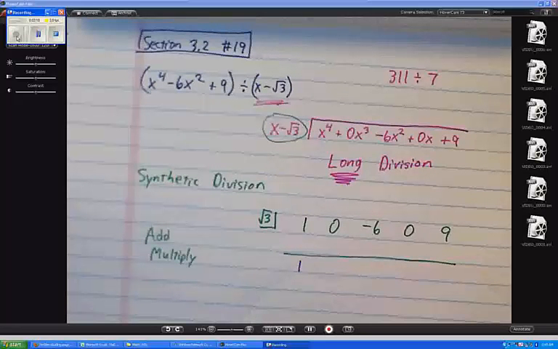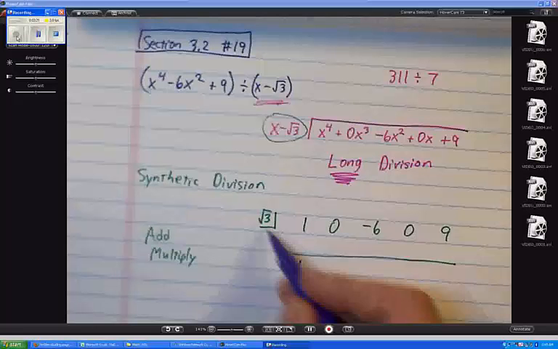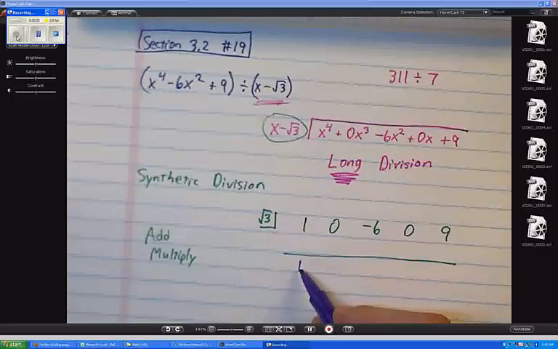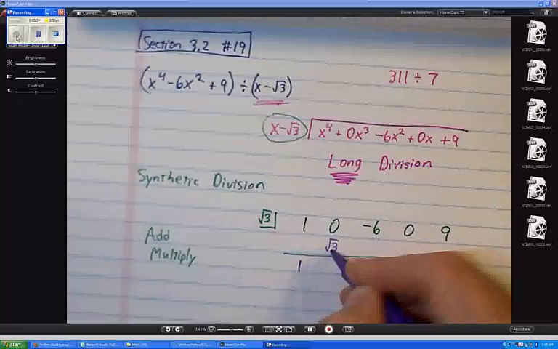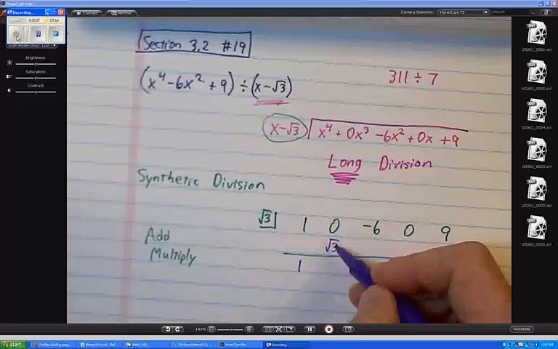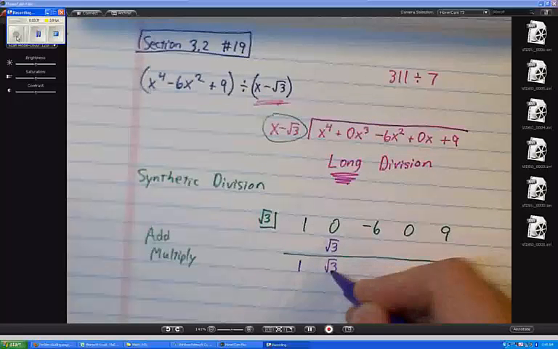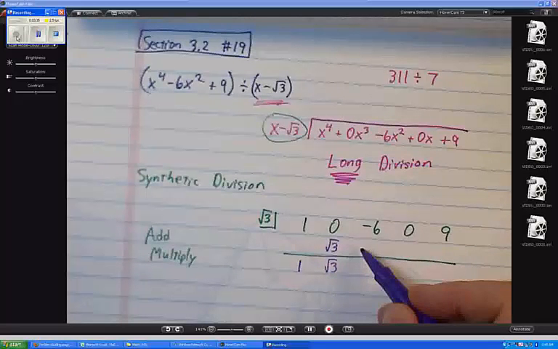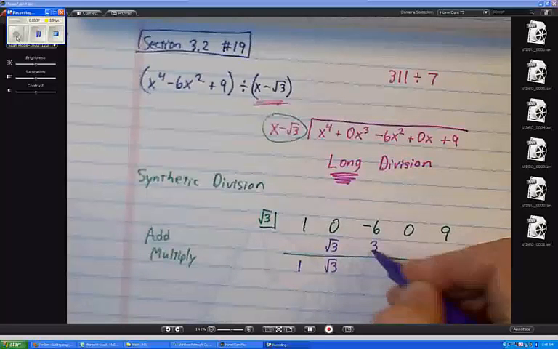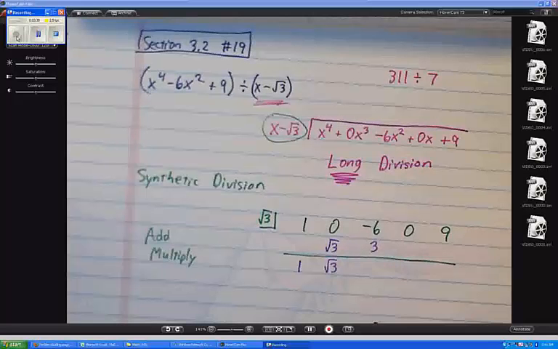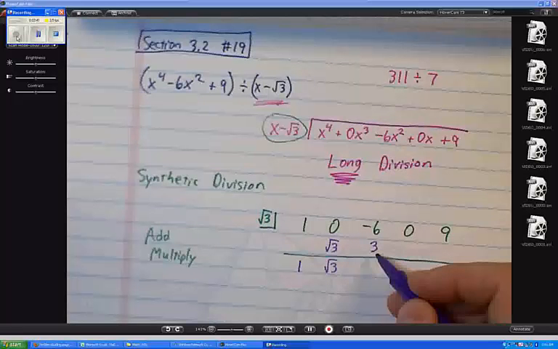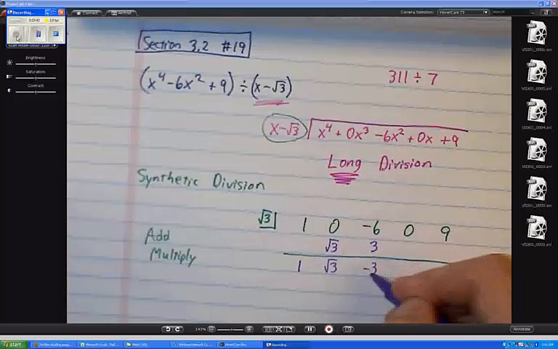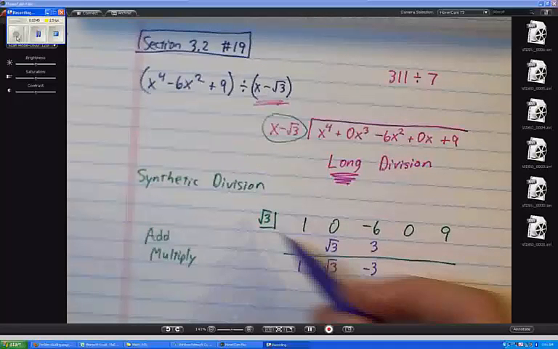What's square root of 3 times 1? What's the next step? Add. 0 plus square root of 3. Multiply. Square root of 3 times square root of 3. Yeah, it's square root of 9, which is 3. Add. What's negative 6 plus 3? Negative 3. Square root of 3 times negative 3 would be negative 3 square root of 3.